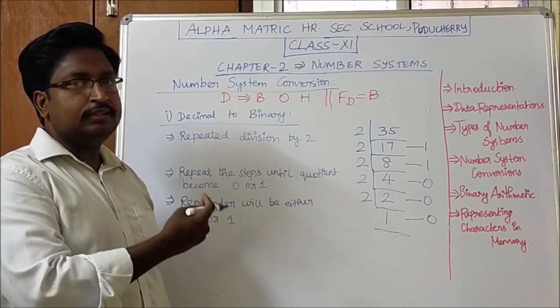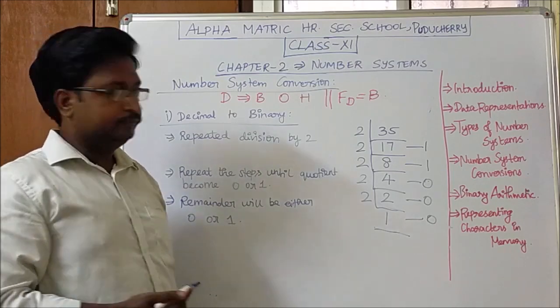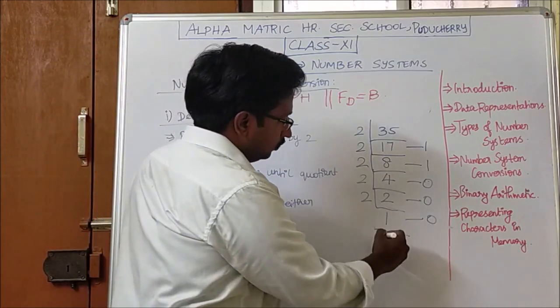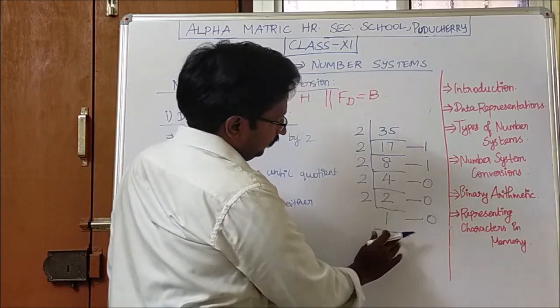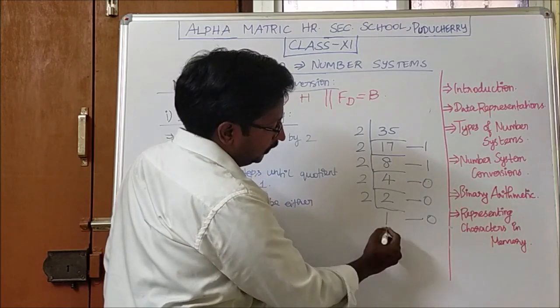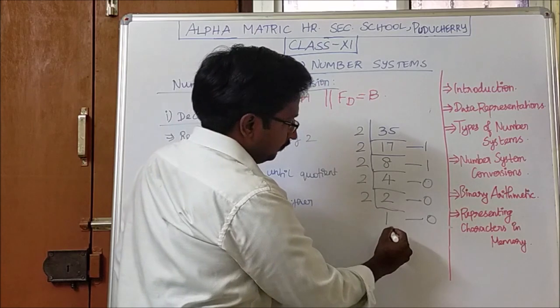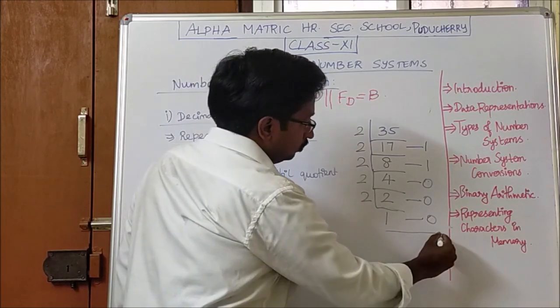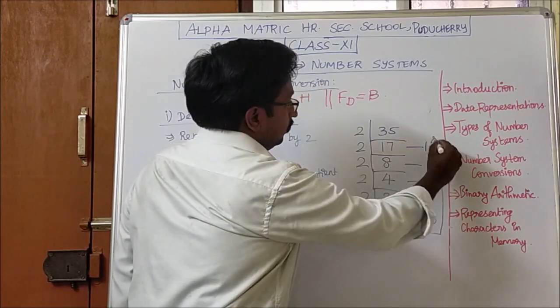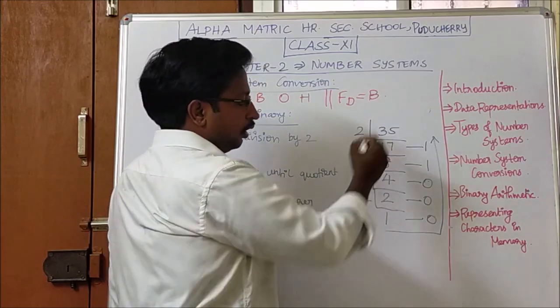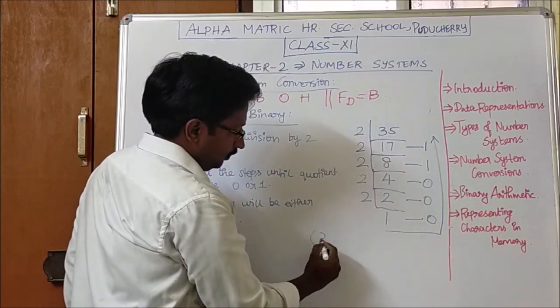We have to take and write the answer. How we have to write the answer means, starting from the last one, that is the quotient part, from 1. We have to write from bottom to top. So write 35.